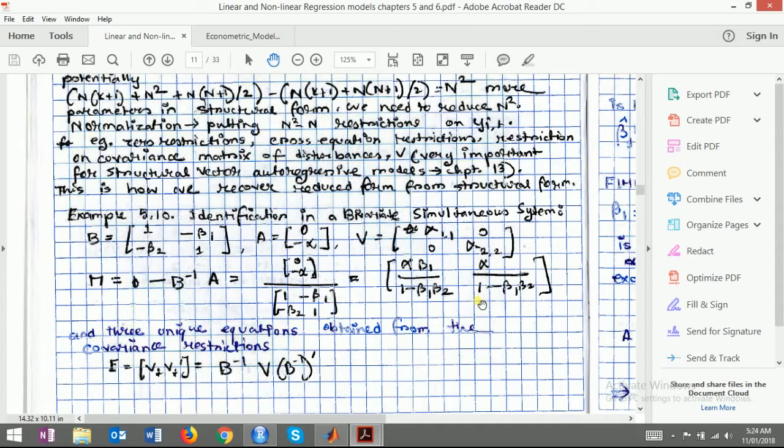Phi is already known to us, minus A by B. You put in the values of A by B, you are left with alpha B1 divided by 1 minus B1 B2, and alpha divided by 1 minus B1 B2, and 3 unique solutions obtained from the covariance restrictions from here. So the expected value of omega and omega transpose is the variance, the decomposition, which is B inverse transpose multiplied by the omega.